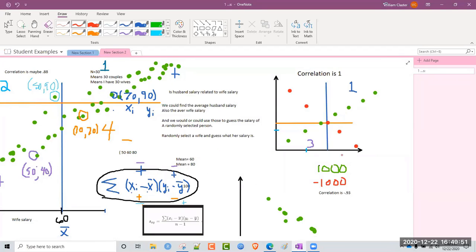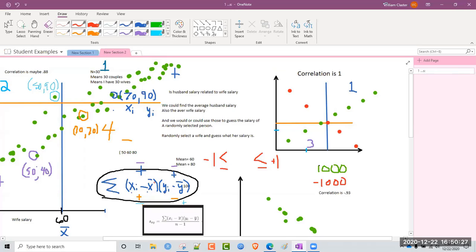I like the fact that this is very large and positive, and that this is very large and negative, but I would prefer that the calculation I do is always between -1 and +1. And these are not. This is like 1,000 and -1,000. They're not always between -1 and +1.